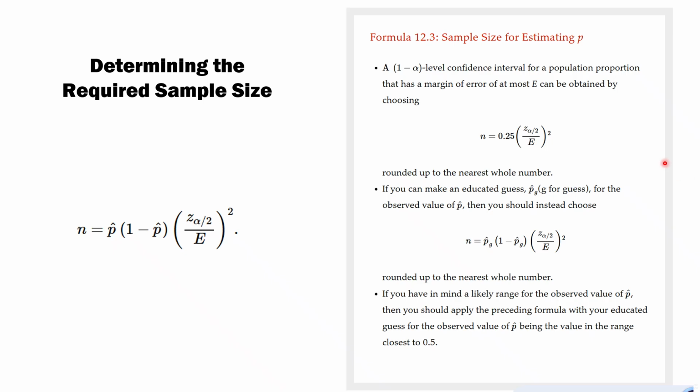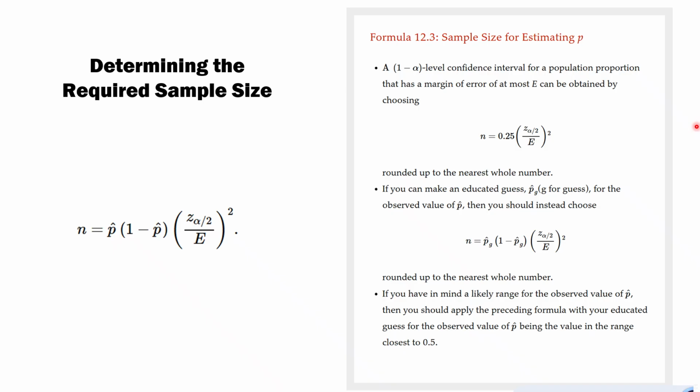And we use this formula because it's a safe formula. We use 0.25 because the variability is largest when your P is equal to 0.5. So this gives you the largest or safest sample size.